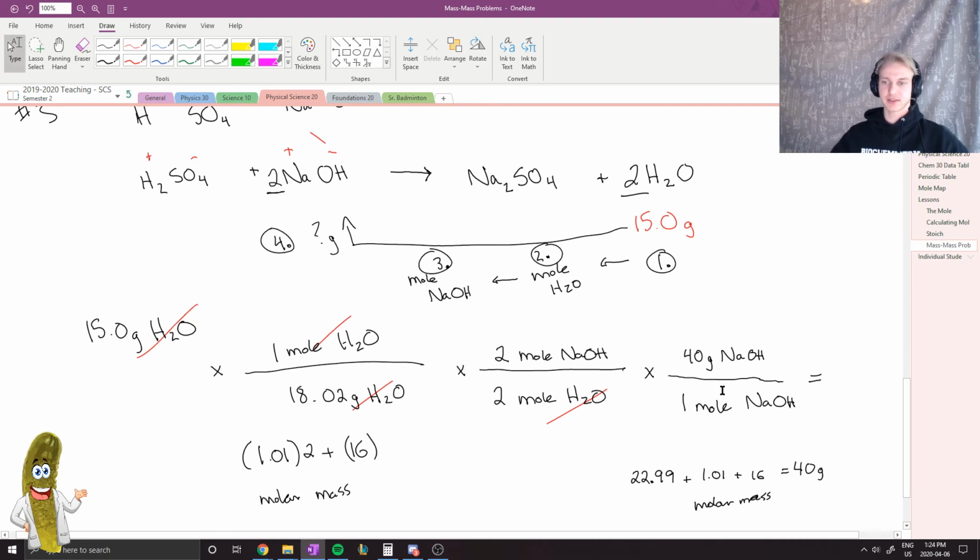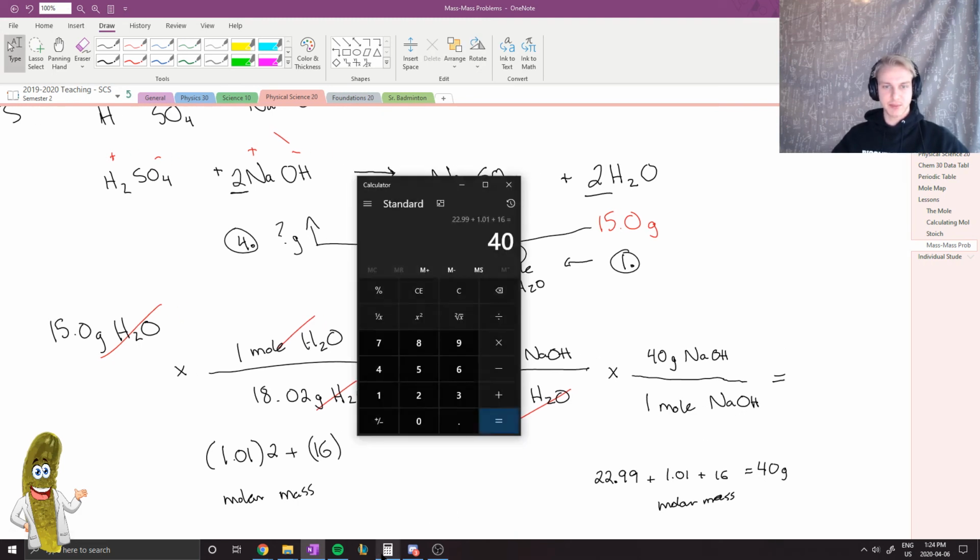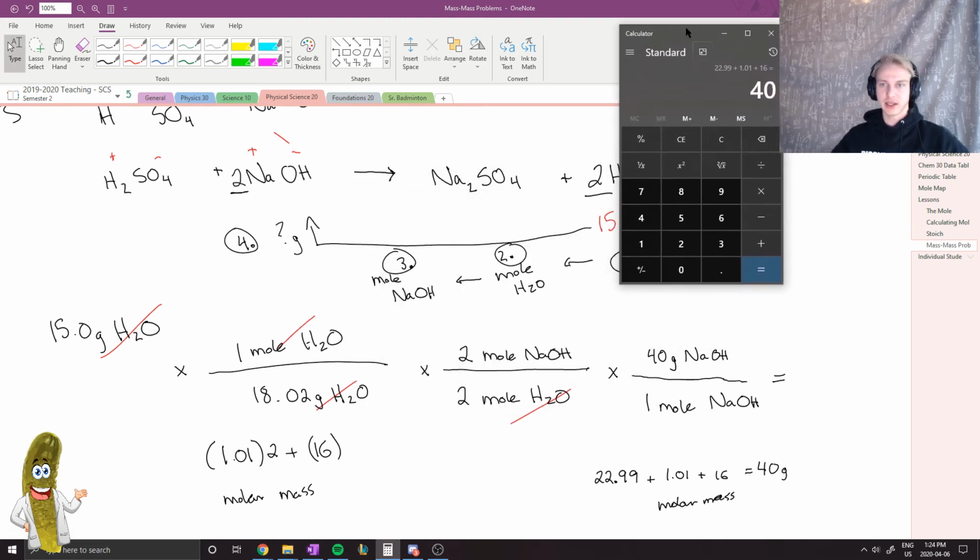And that's it. That's all the calculations we need to do. So the last step then will be taking our calculator and saying 15 times, times 1, I guess, but divided by the 18.02. We would times by 2 and divide by 2, but most of you will know there's really no point in doing that because 2 divided by 2 is just 1.